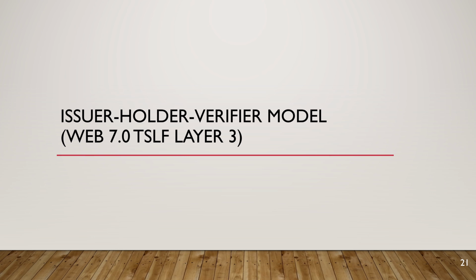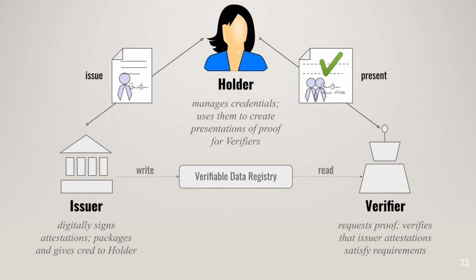Let's look at the issuer holder verifier model. This is the classic issuer holder verifier type of diagram. This one's from Wikipedia. The issuer on the left issues a credential and acts as a sender.